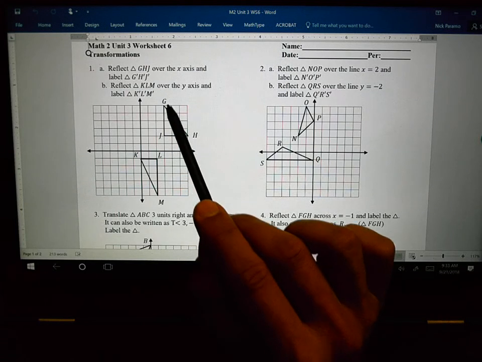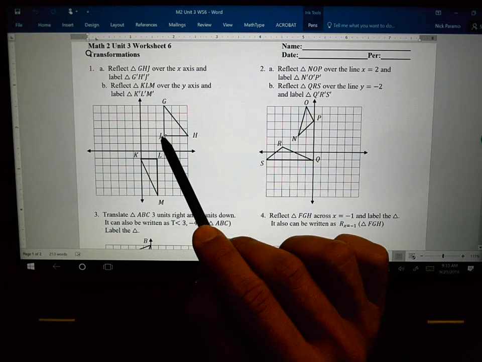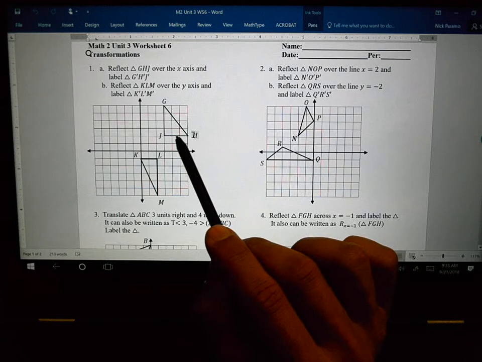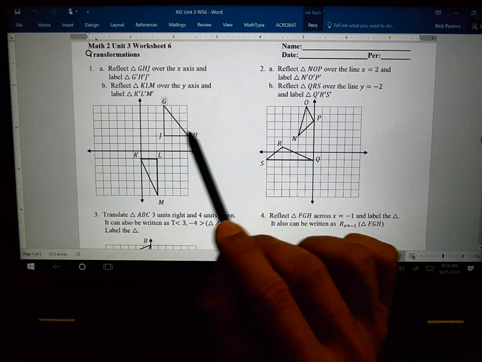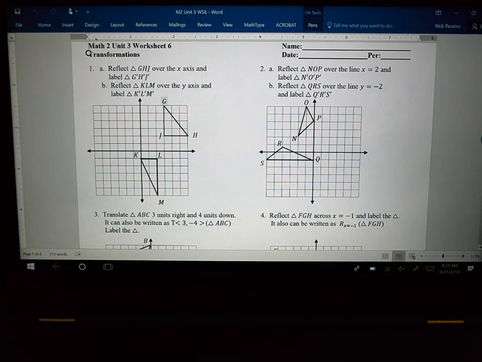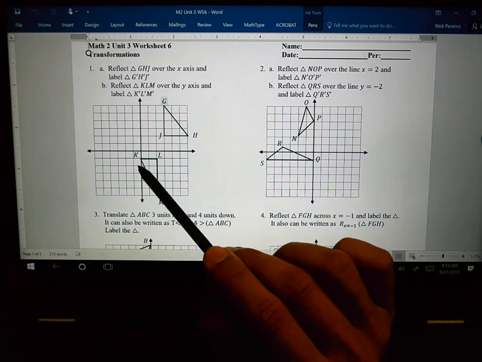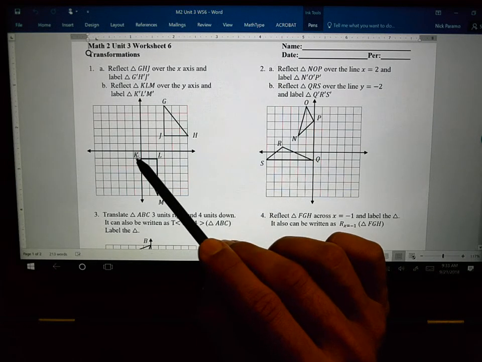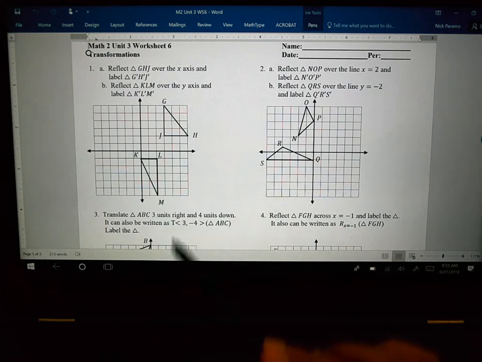It goes GHJ: top, right, bottom, left. GHJ. Then the bottom triangle, top left, is KLM.